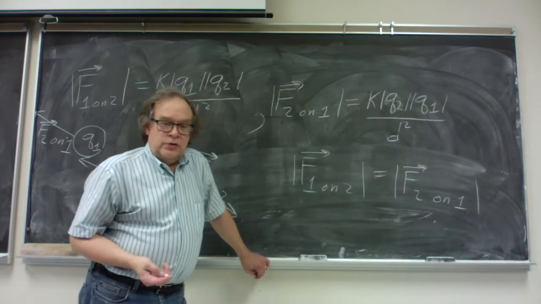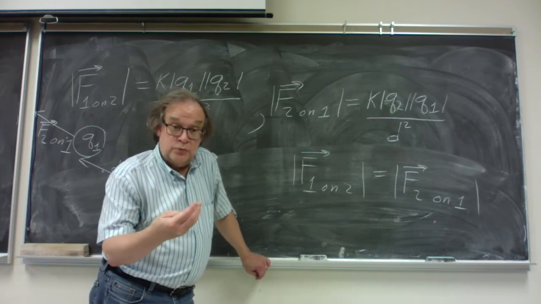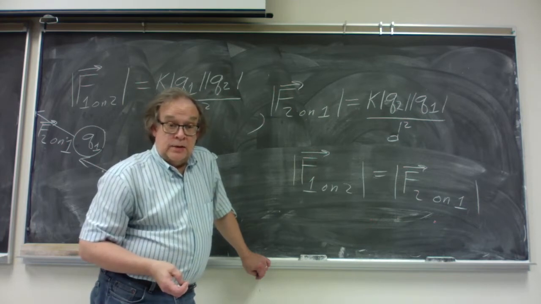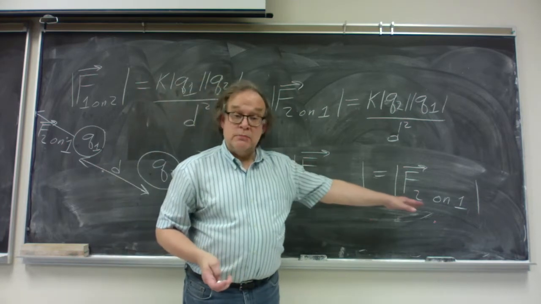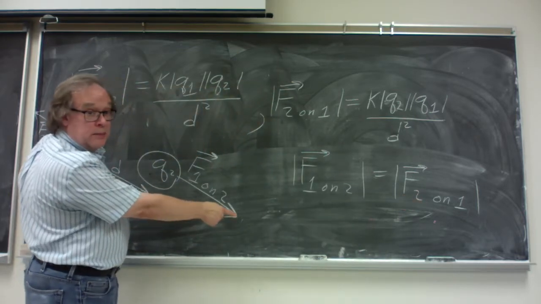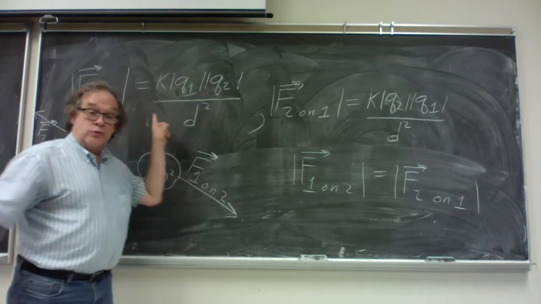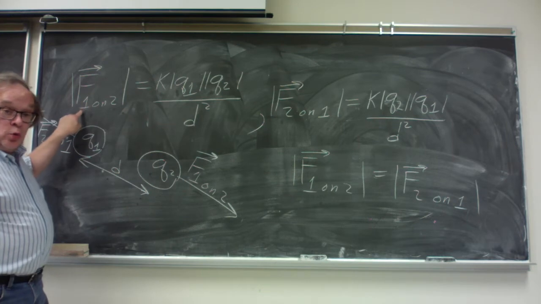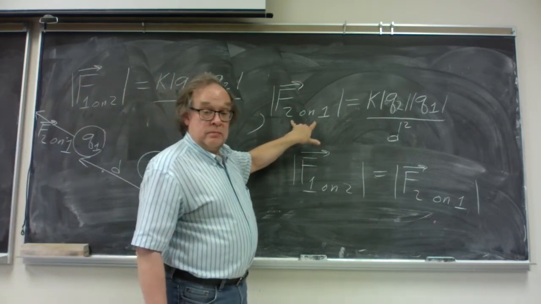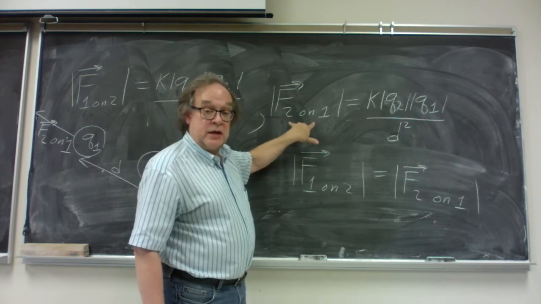These two forces are the same type of force. They're both the electric force, the Coulomb force. They're both the same strength, same magnitude. They're pointing in opposite directions, and in one force we have a force from one thing acting on a second thing, and then the source and the receiver of the force are flipped around in the second case.